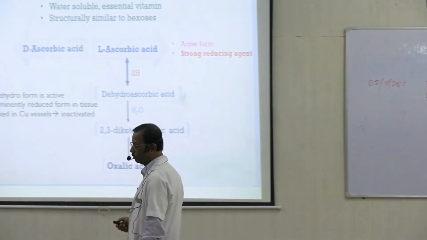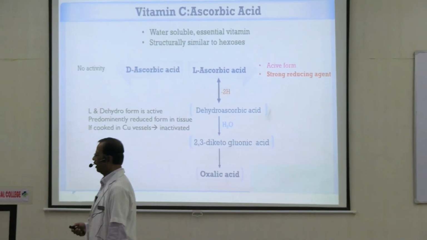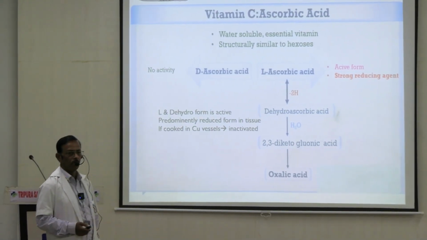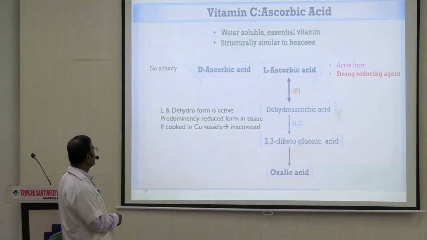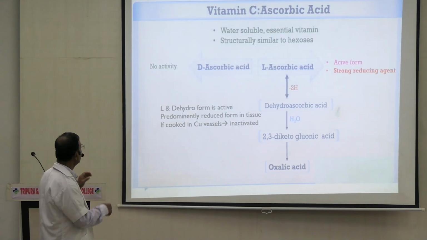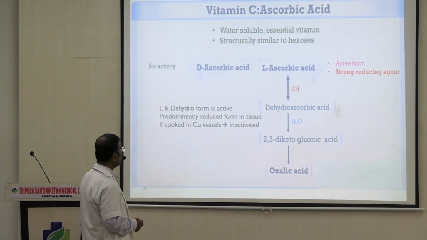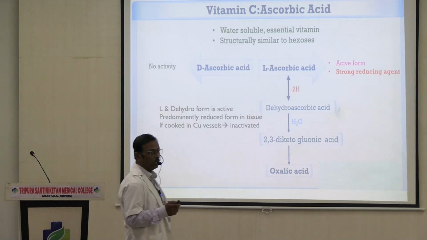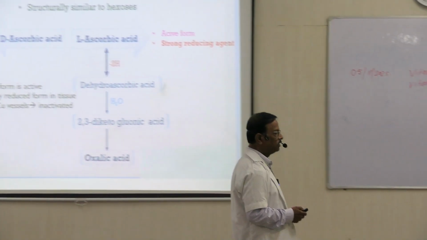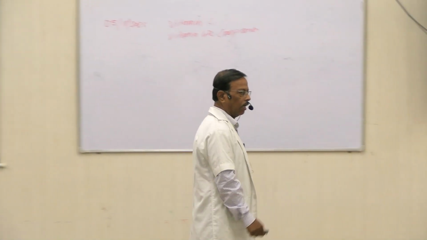However, L-ascorbic acid remains in active form, and D-ascorbic acid has no activity in the body. It is a strongly reducing agent because of its enol group.